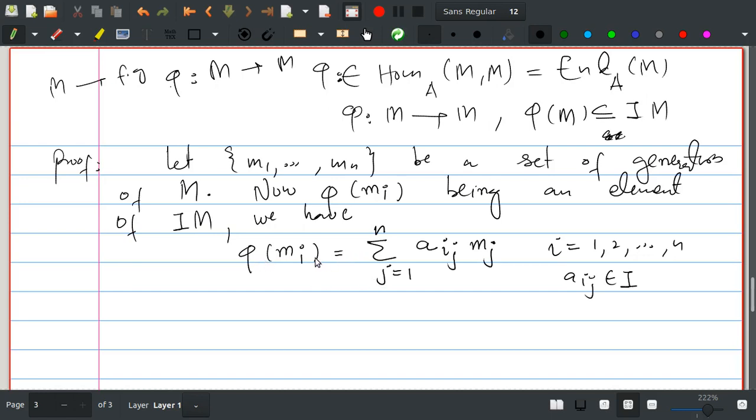Now for different values of i, I mean for i running from 1 through n, these are n equations.